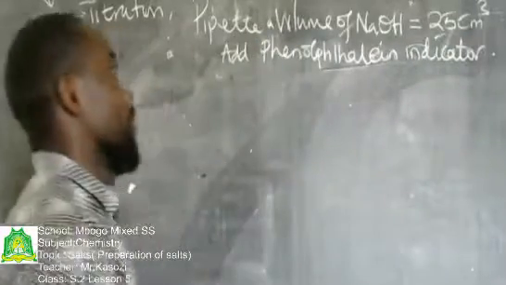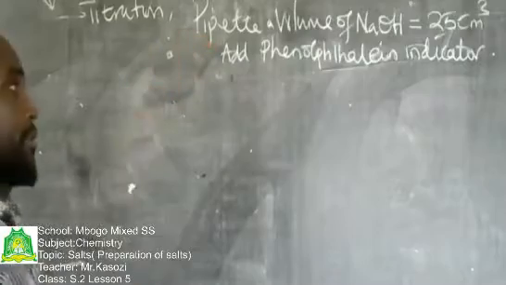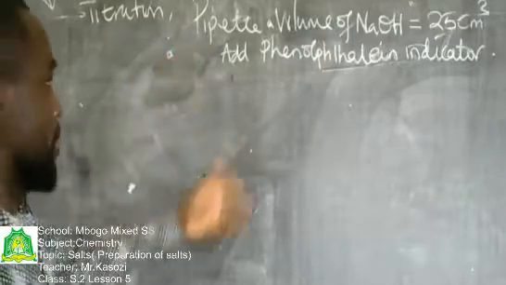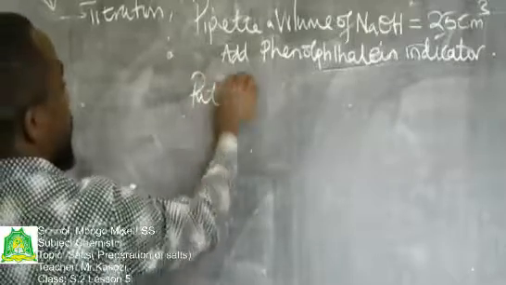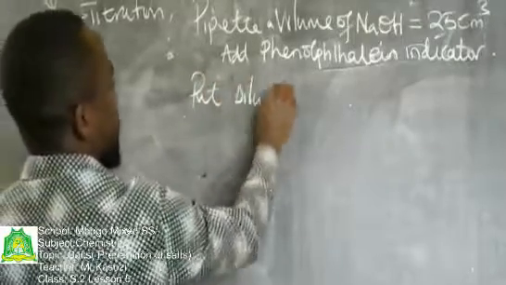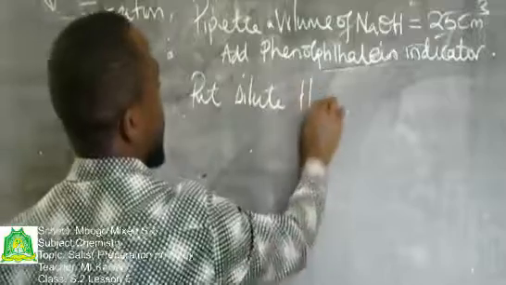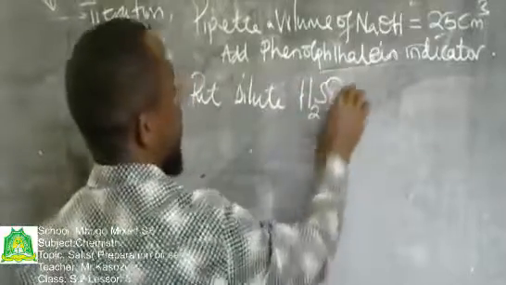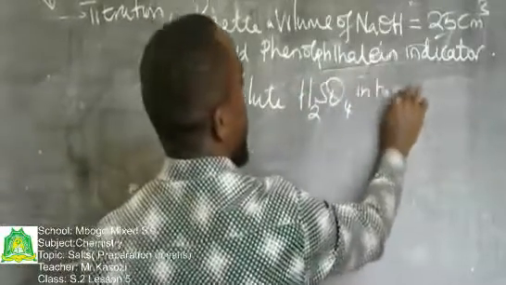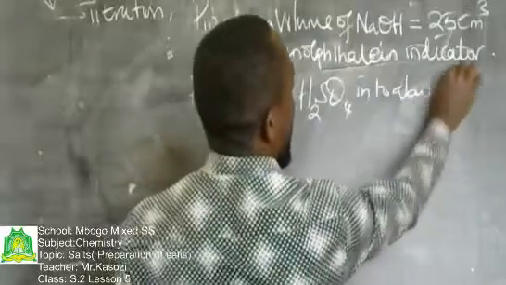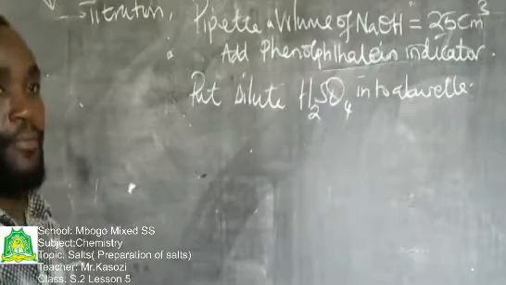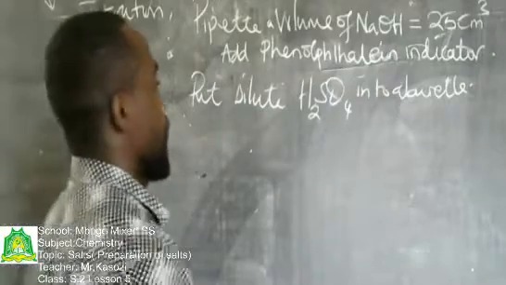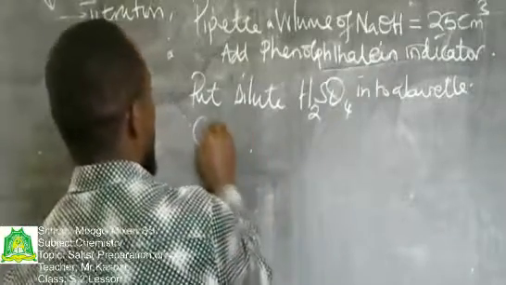Because when this indicator is added into alkalis, the indicator changes to what? To pink. Then we put dilute sulfuric acid into a burette. Then we carry out the titration.